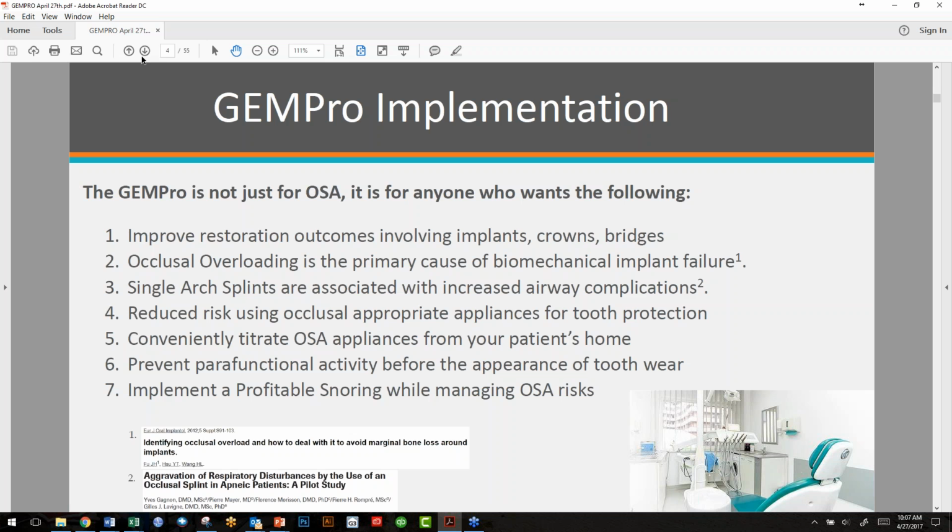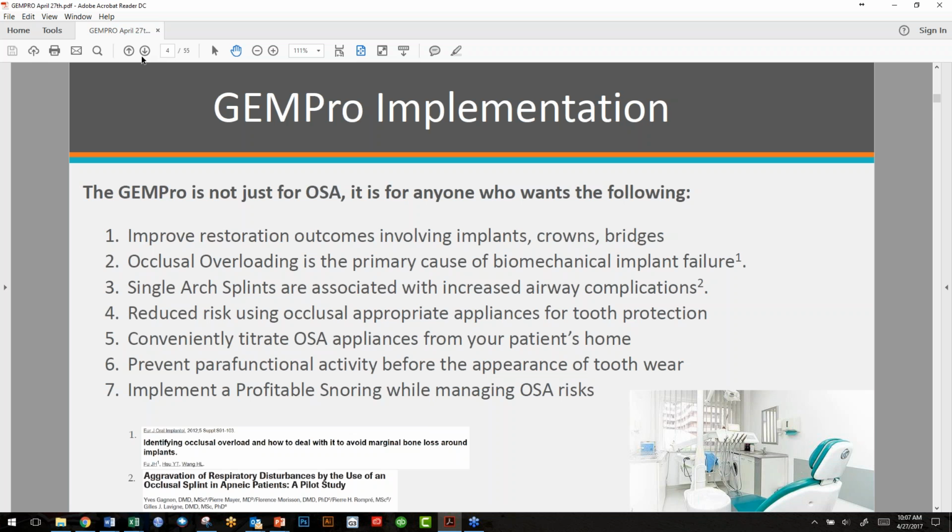So let's talk about the GEMPro. The GEMPro is designed to help determine what your patient has. If they have tooth wear, you want to determine if the tooth wear is from true idiopathic bruxism or if it's parafunction secondary to OSA.